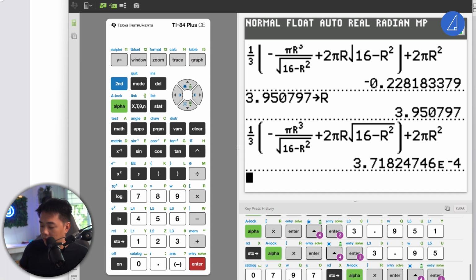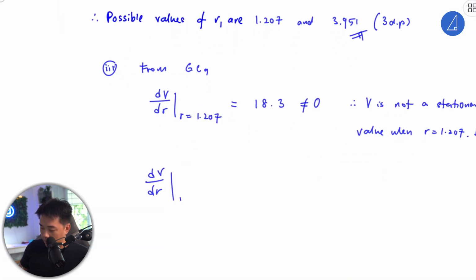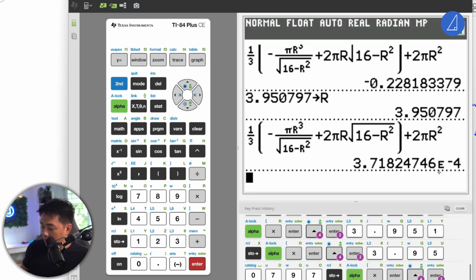So you see that if I were to key in a more refined value here, so like more decimals, then it goes to times 10 to the power. So this could be 3.951. This is close to 0. Okay, so you can just write this basically just means 0.00.